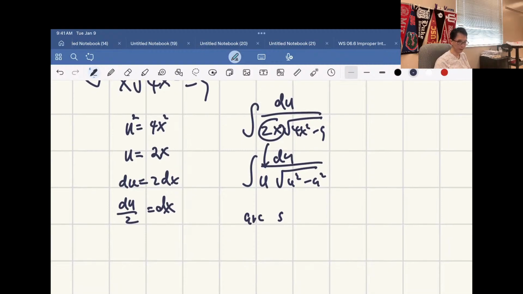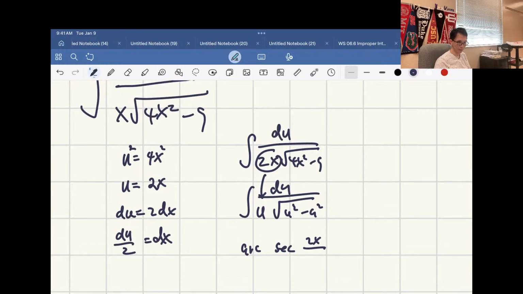Arcsecant of 2x over 3 plus c, 1 over 3. Because a squared is equal to 9, a is equal to 3.